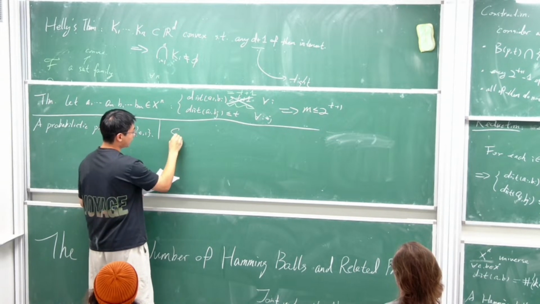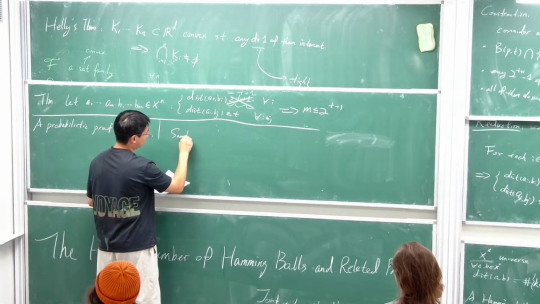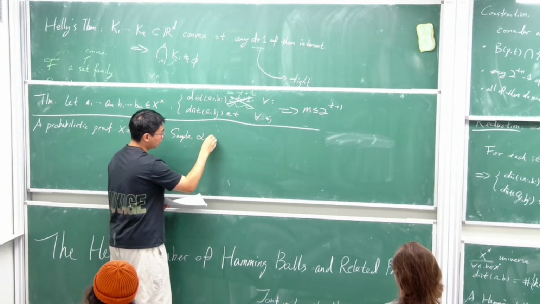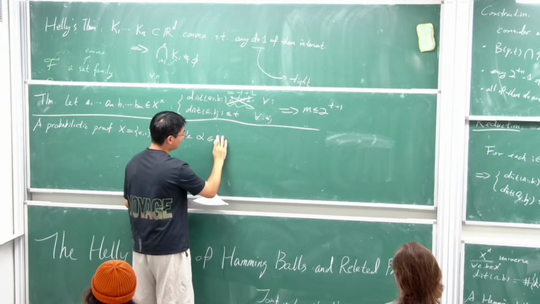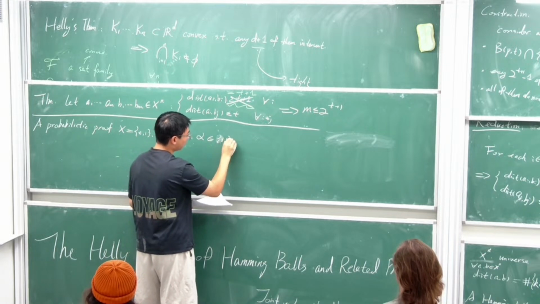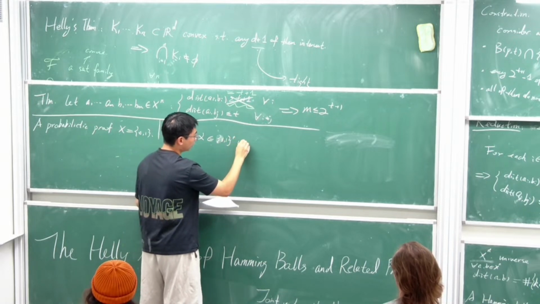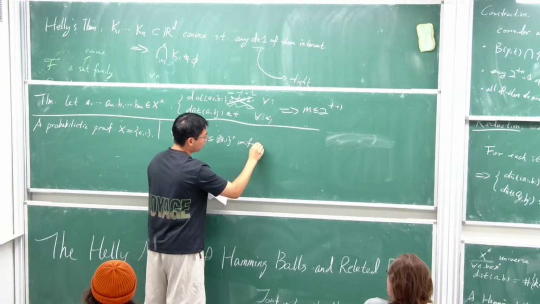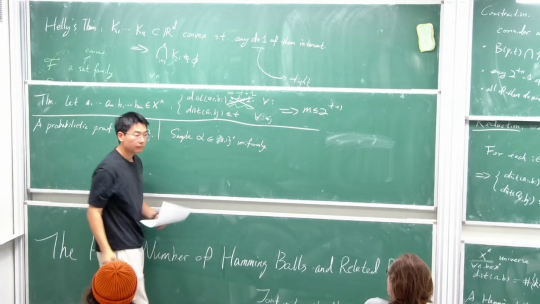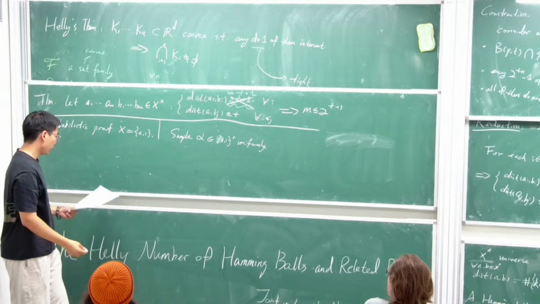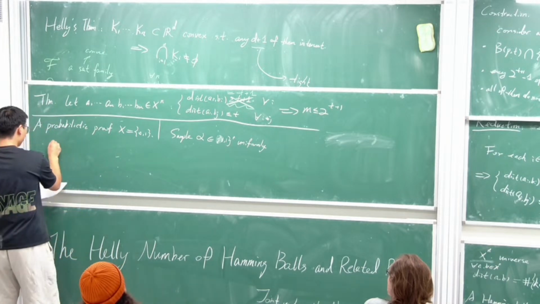What you do is to sample, for example, alpha uniformly, a binary string alpha uniformly. And then the event is simply like this.